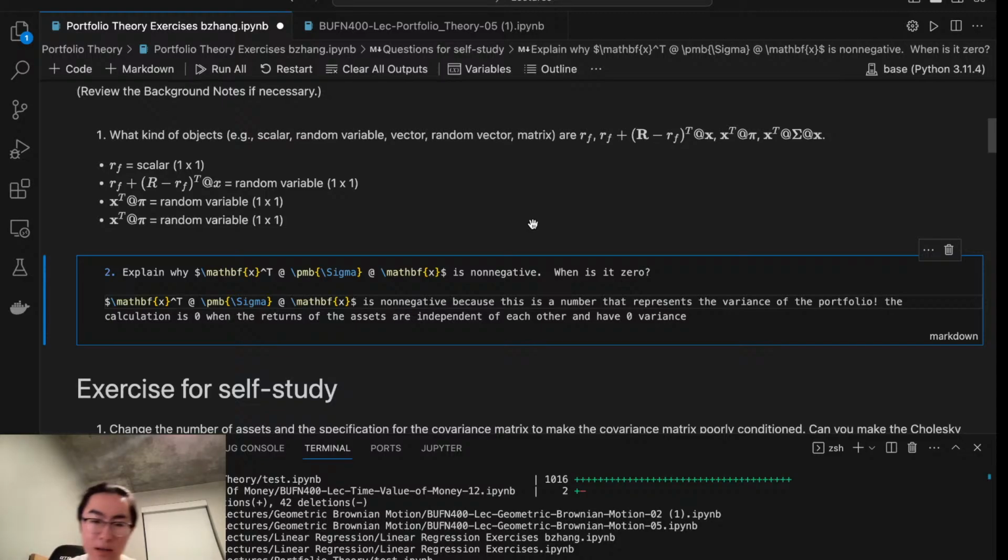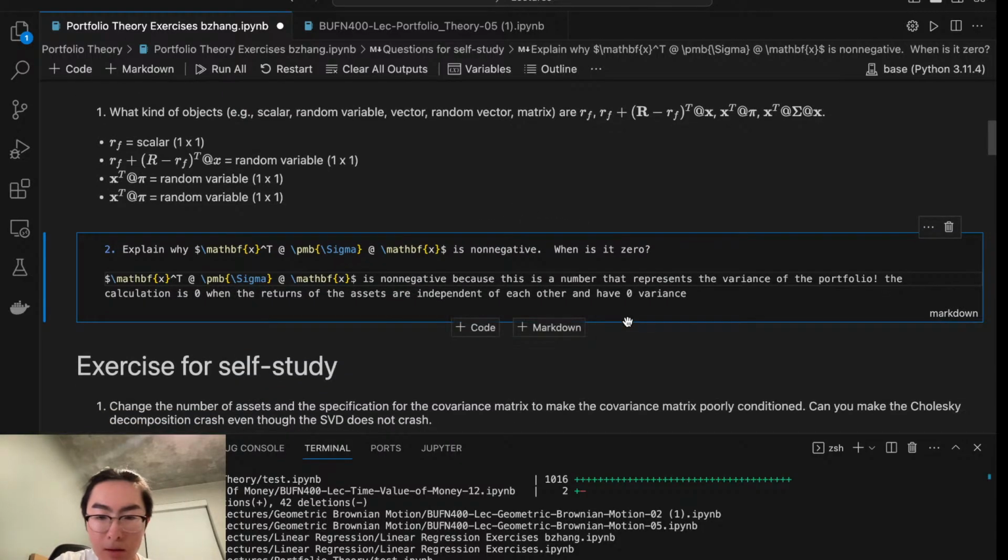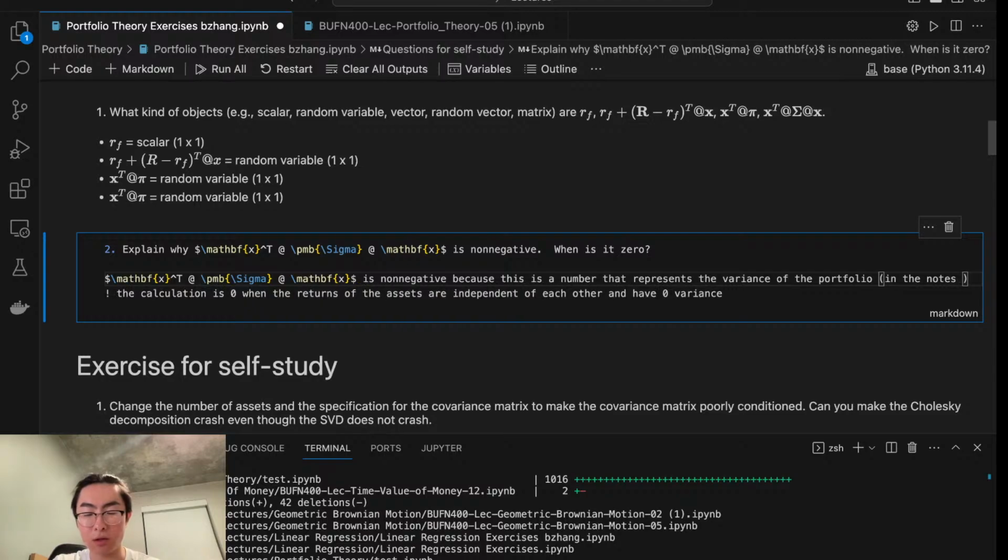Okay, so apparently the matrix itself has to be positive semi-definite. In the notes, the matrix must be positive semi-definite.